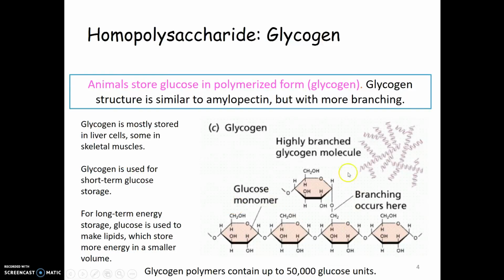And as you can see, glycogen is branched similarly to amylopectin, so it includes both alpha-1,4 and alpha-1,6 bonds. So here's your alpha-1,6 and here's your alpha-1,4, and it's also a glucose monomer that makes up our glycogen.